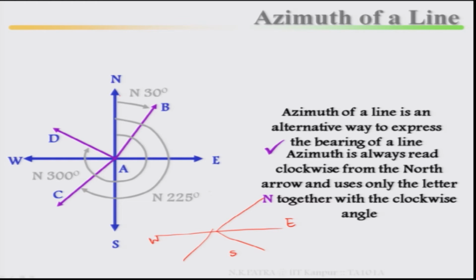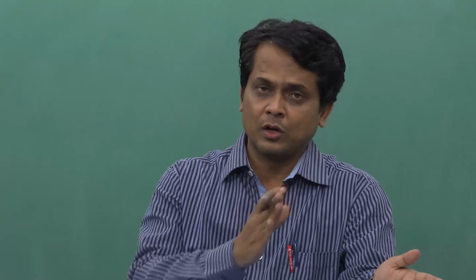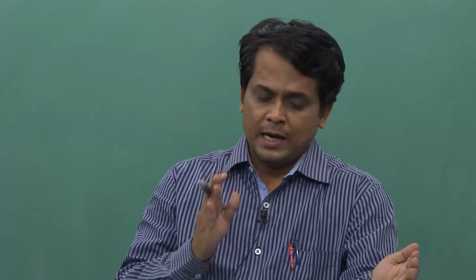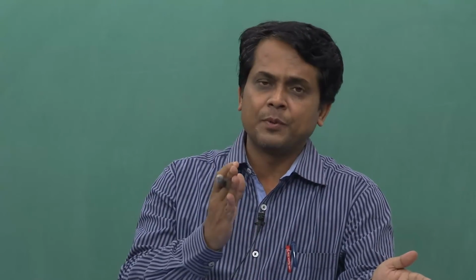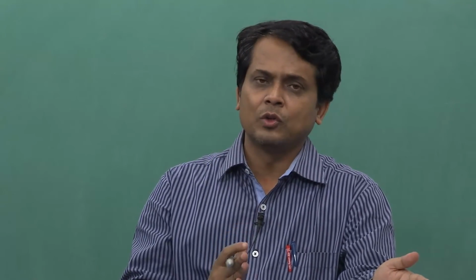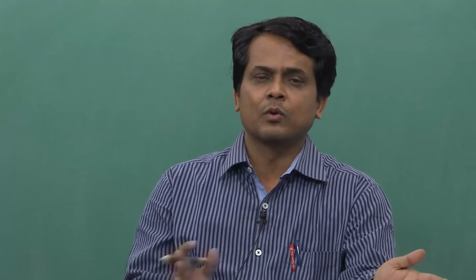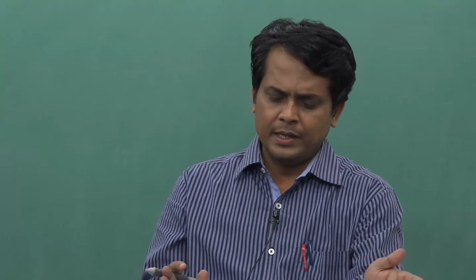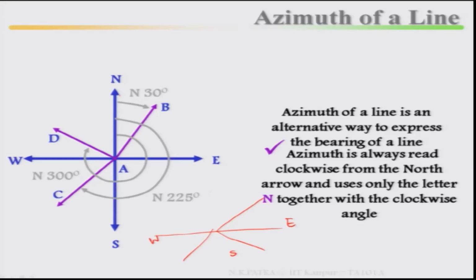The difference between bearing and azimuth: the azimuth reference point is north, and with respect to north you move clockwise. In case of bearing, the reference is north or south, and with respect to either one you move, whether clockwise or anti-clockwise, it does not matter. In this case it has to go clockwise.